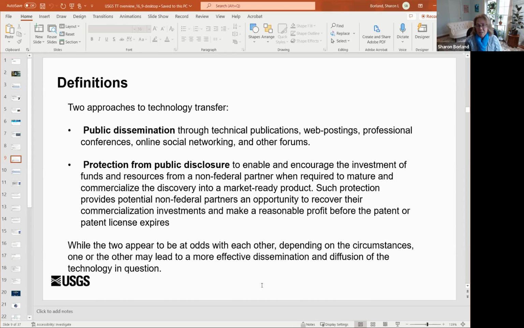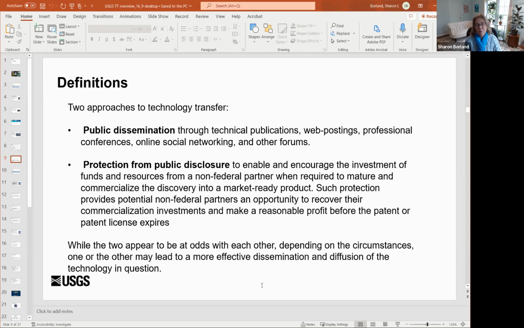And that's done when it's needed in order to mature and commercialize the discovery or the invention into a market-ready product. Such protection does provide potential non-federal partners the ability to recover their investments and make a reasonable profit before the patent or patent license expires.